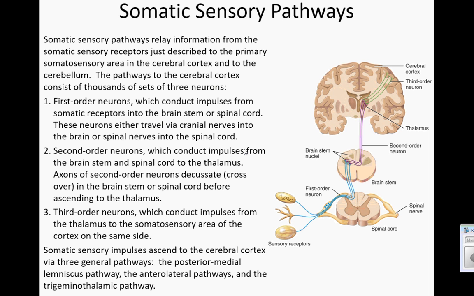Remember, the primary somatosensory area was one of those functional areas that we talked about in our last unit. The pathways to the cerebral cortex consist of thousands of sets of 3 neurons.